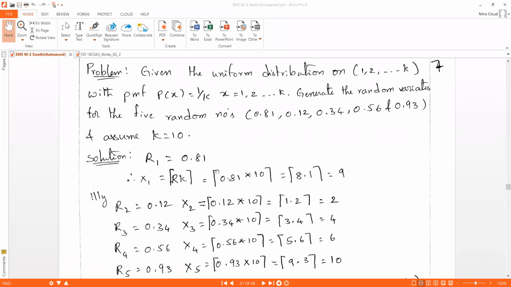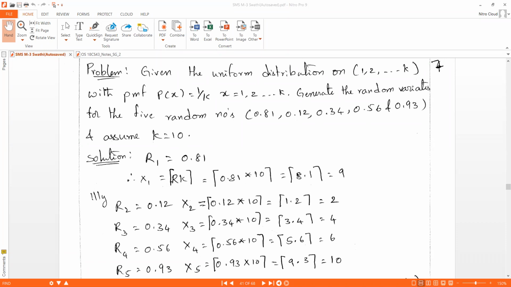Now we'll find the first random variate, that is x1 equal to floor of R1 into k. R1 is 0.81 into k value, which is given in the problem as 10. Okay, 0.81 into 10, we will get 8.1.